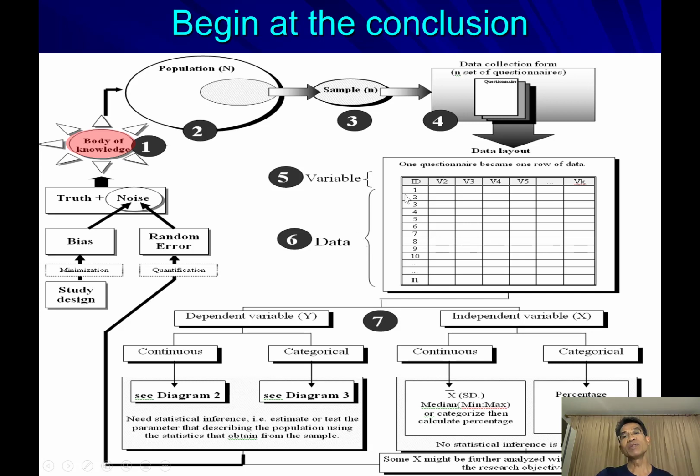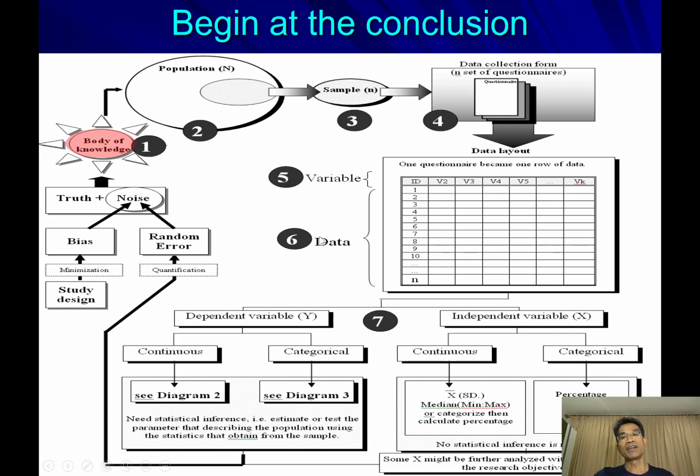So there are variables and data. And this is usually imported into a statistical package to analyze with a purpose, a purpose that aims to answer a research question and ends up with a conclusion, number 1.